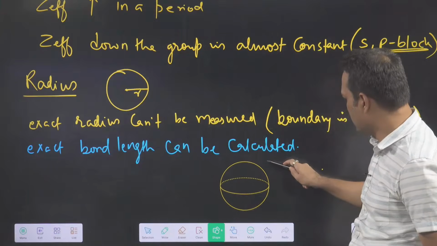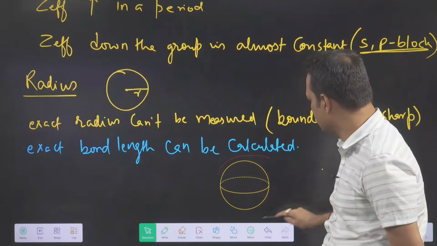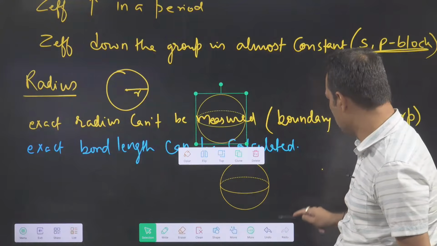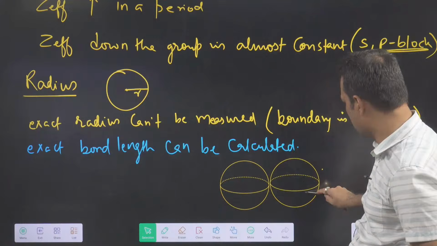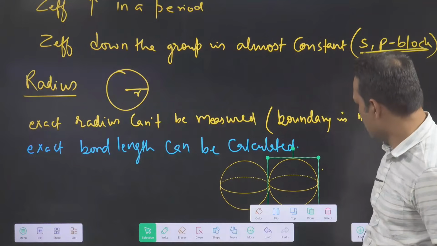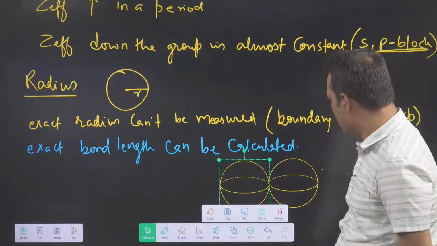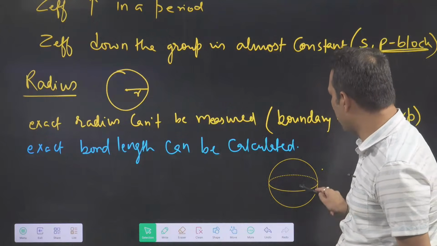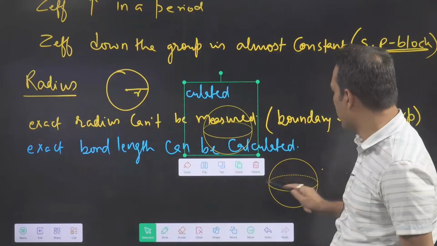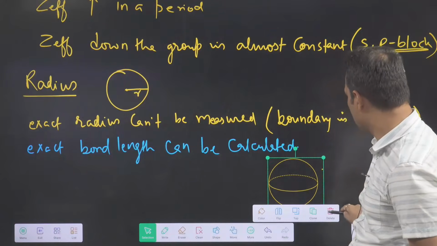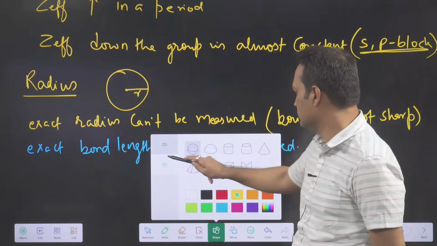So this is one atom, and I will take one more same atom. It looks like a sphere, good. I will find the bond length, and then I will divide that bond length by 2.